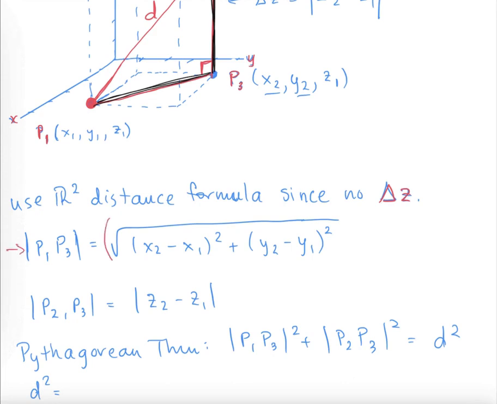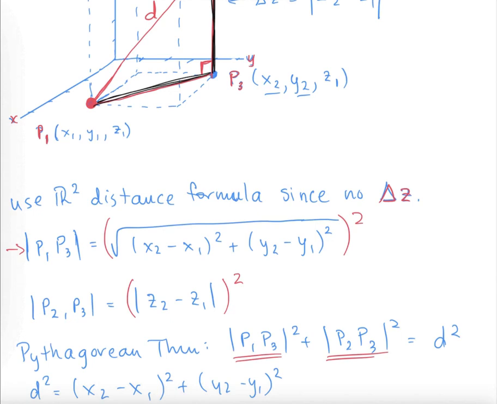If we square this quantity, it just gets rid of that radical. So we would end up with just x2 minus x1 quantity squared plus y2 minus y1 quantity squared. And then when we add P2 to P3 quantity squared, we're basically going to be squaring this.